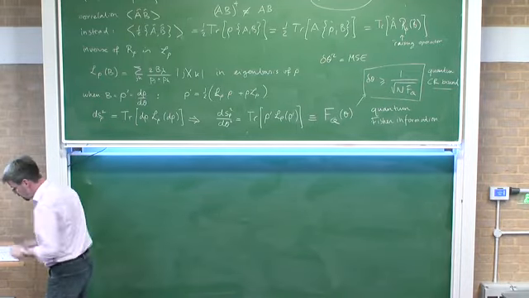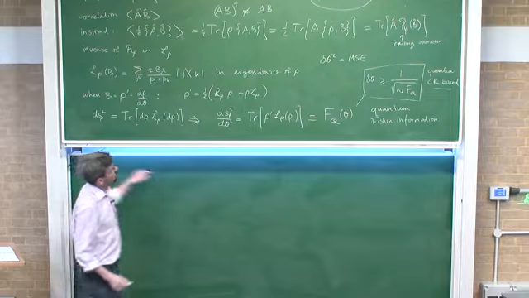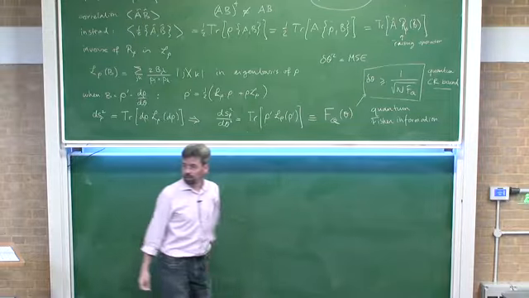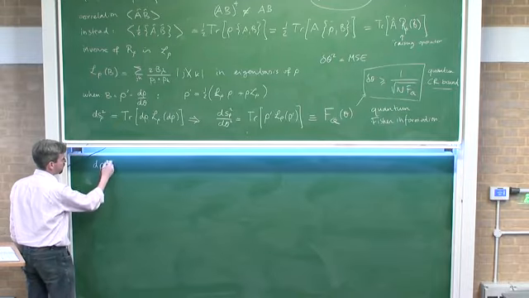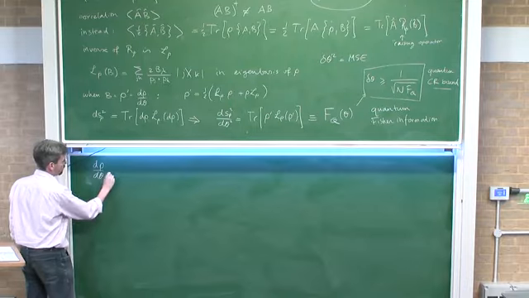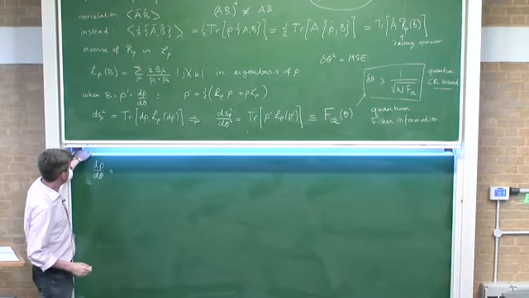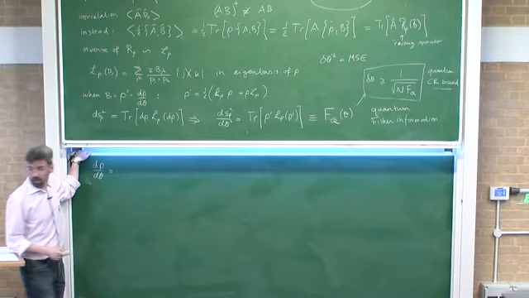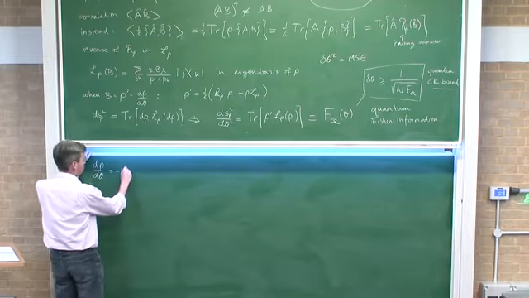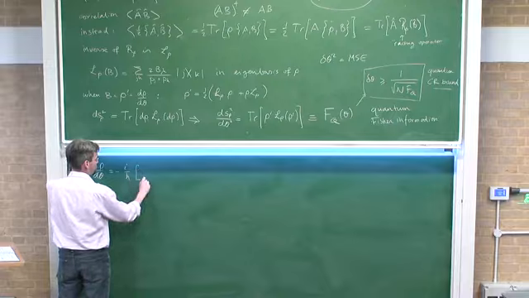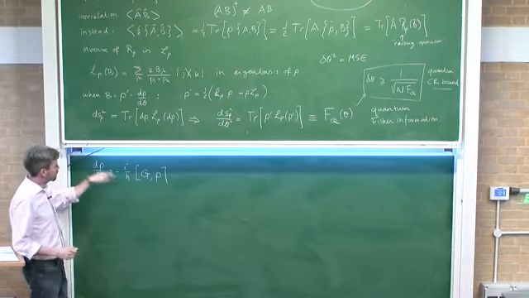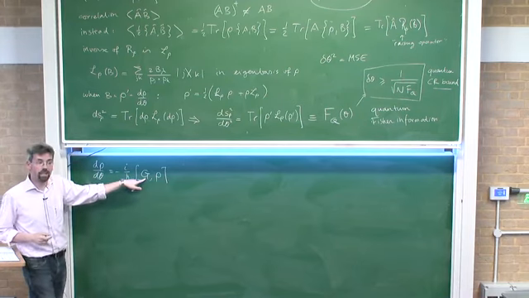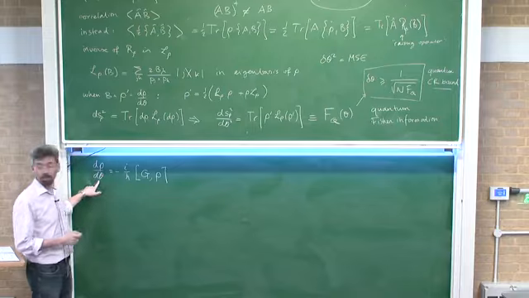Because, well, we have the derivative of rho in there, and we know that the derivative with respect to theta is given by some generalized von Neumann equation, this, where G is the generator of translations in theta.